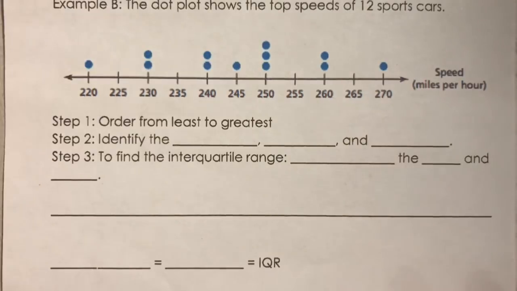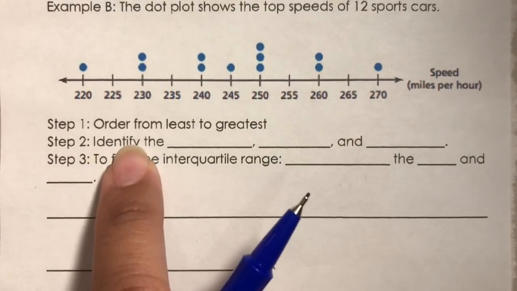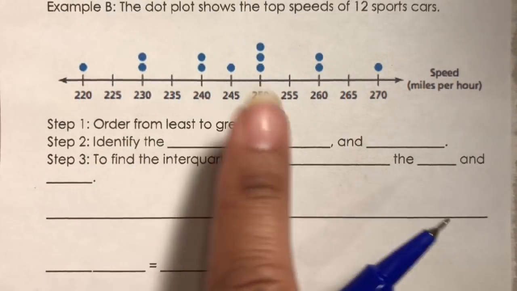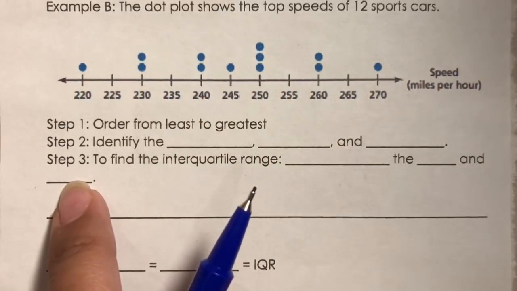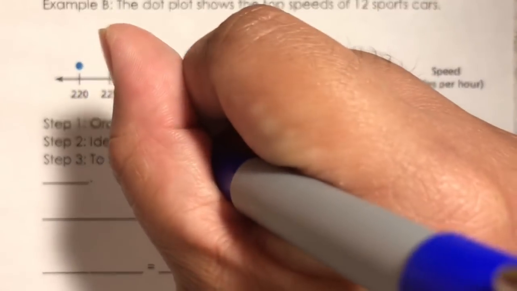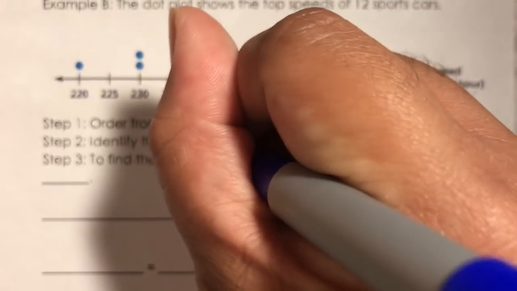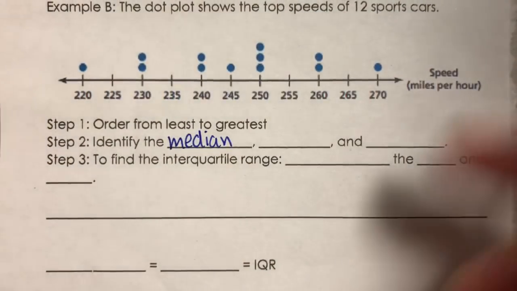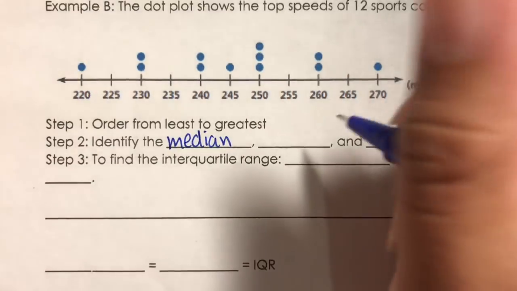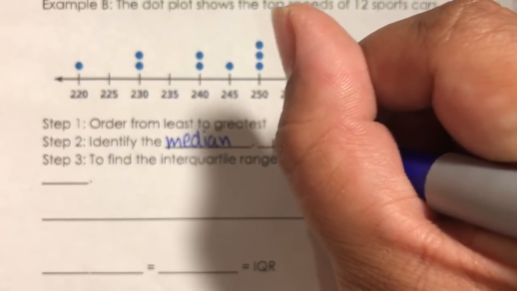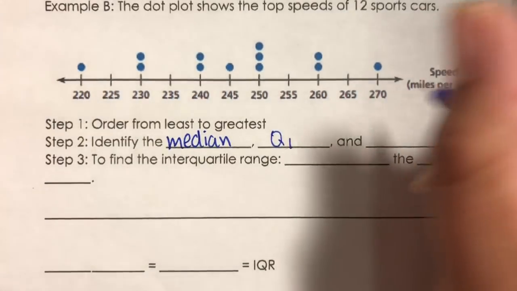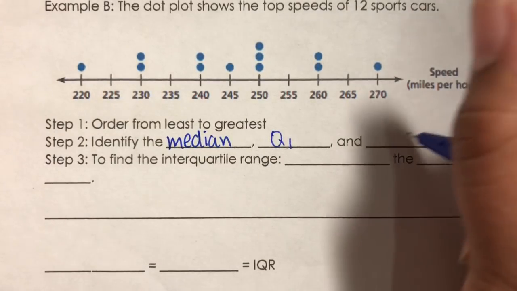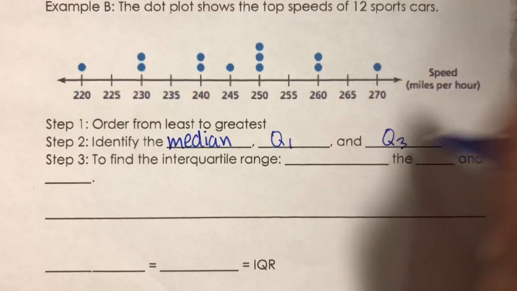Okay, so step 1, again, order from least to greatest. Cannot stress that enough. Order from least to greatest, always. Step 2, we need to identify the median of the entire data set, and our first quartile, which is abbreviated Q1, and our third quartile, which is Q3.